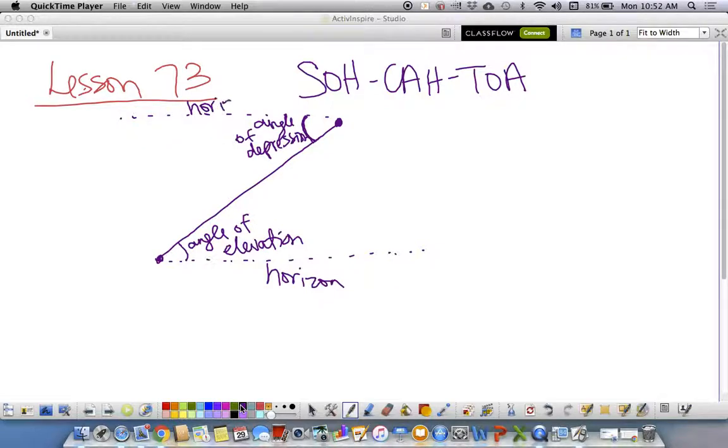The horizon from your angle of elevation, or if you're up here looking down, the horizontal lines, what do you know about those dotted lines? They have to be parallel, yes? It can't be any other way. Do they always have to be flat? Yes.